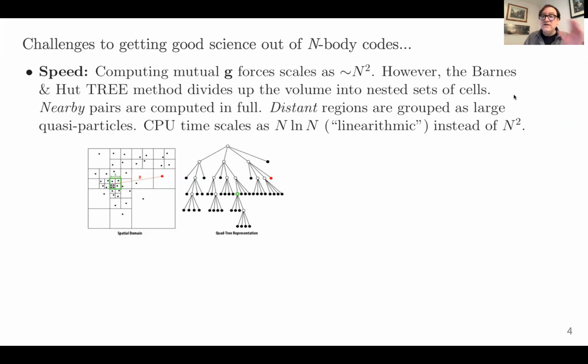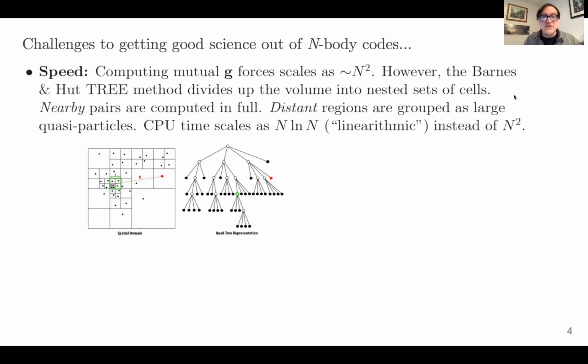You'd have to sum up all the pairwise interactions. But having a code that scales as n² rapidly gets you out of the range of realistic computers. You'd have to wait a long time for computers to grow like that.